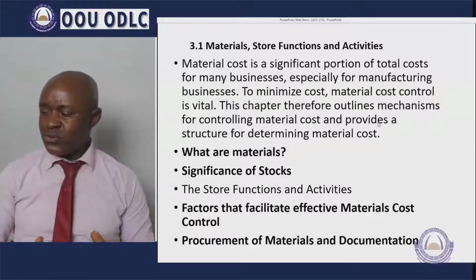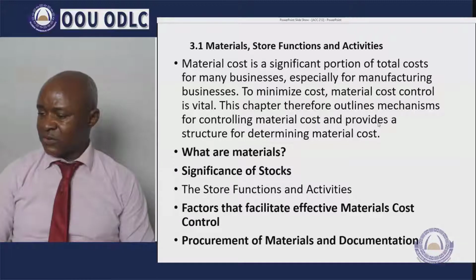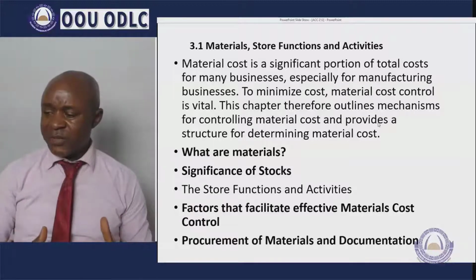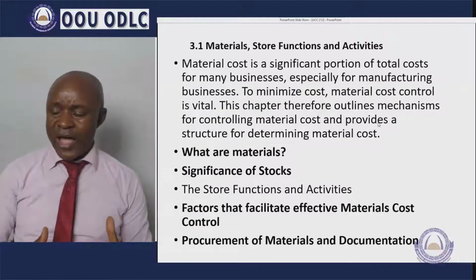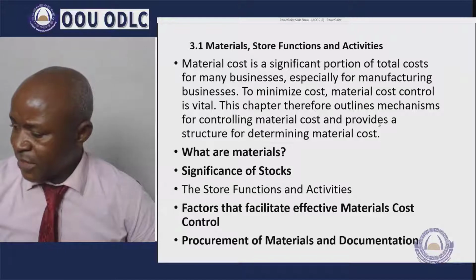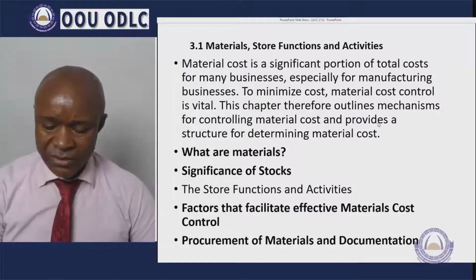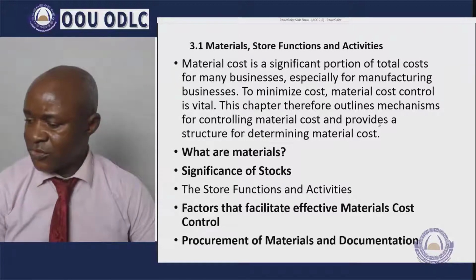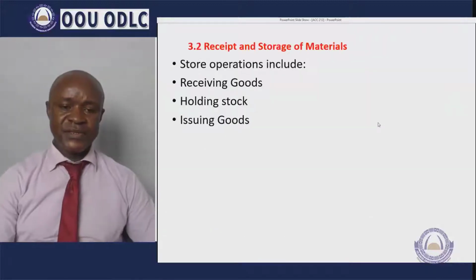It constitutes over 60% of the total cost. So the efficient management of stock items is very important in a manufacturing setup. Now let's look at store functions and activities.